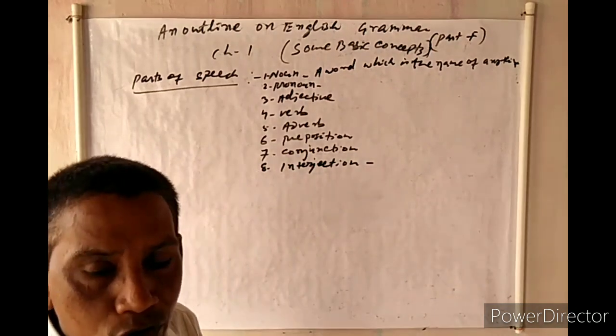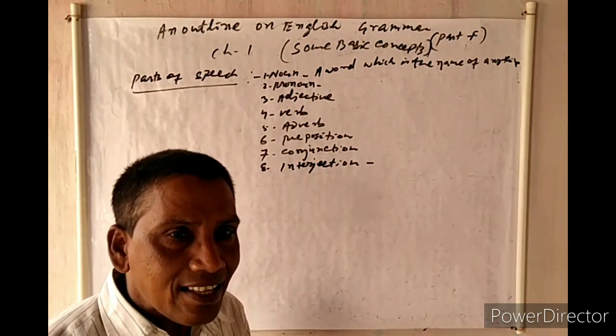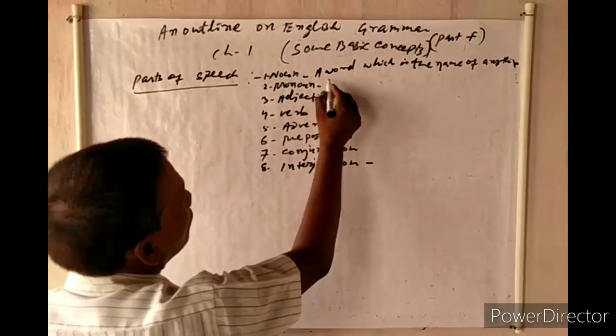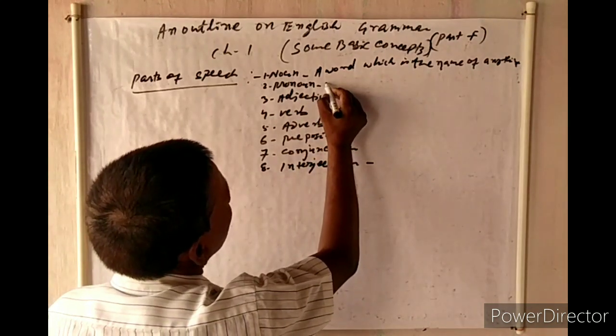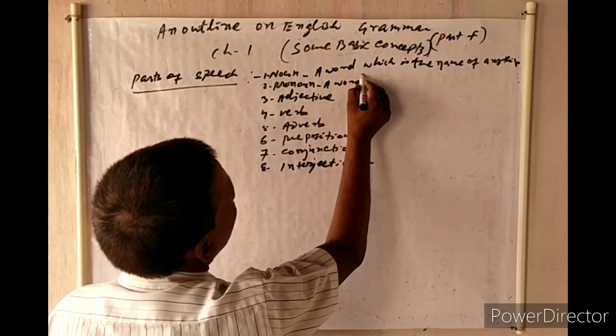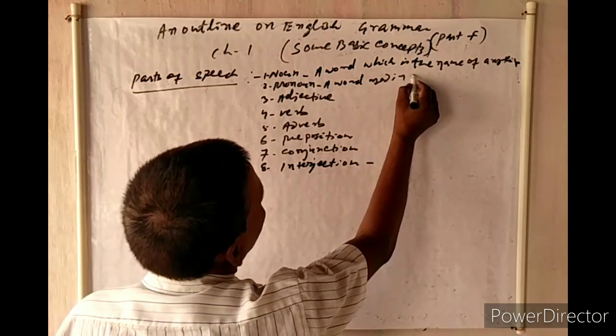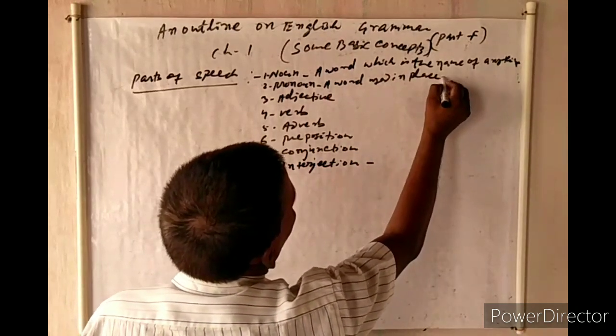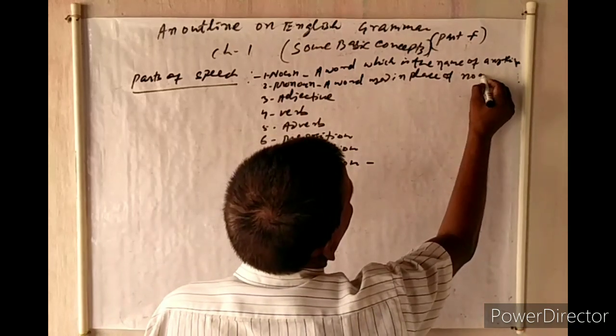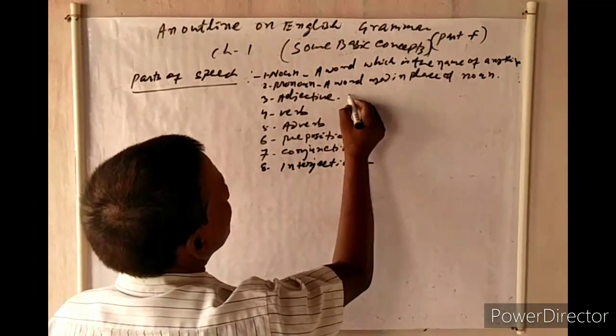Anything means which you can see, feel, observe, or sense, what you get against the question what. Then a pronoun is a word used in place of a noun. Then adjective.